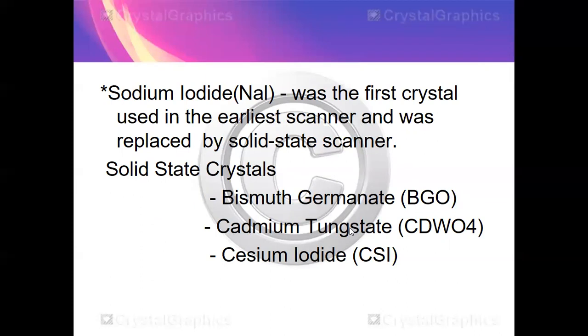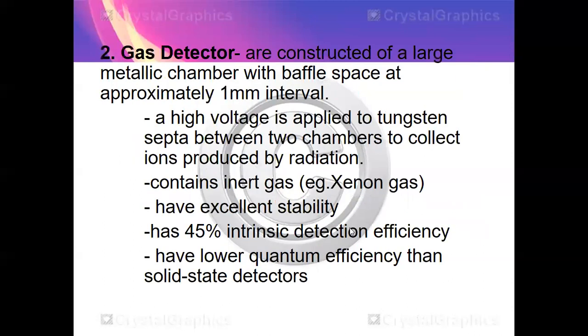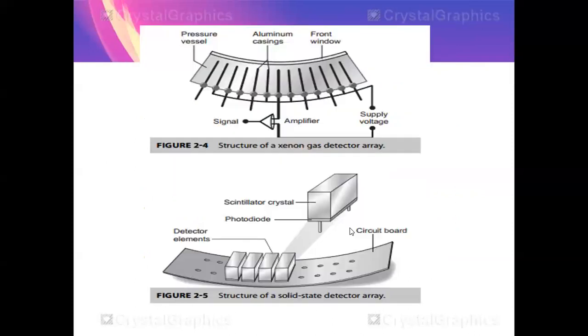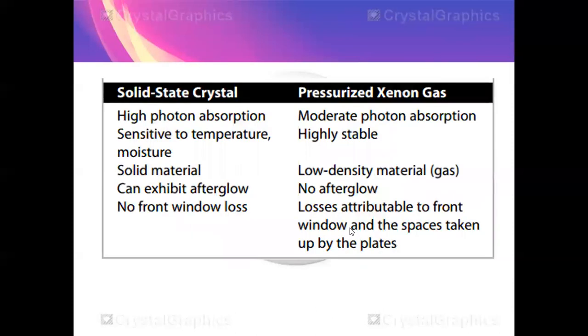Later it was replaced by bismuth germanate, cadmium tungstate, and cesium iodide. So pinaka-common again is cadmium tungstate. The second one is the gas detector. So hindi siya common sa CT scan. It uses xenon gas. So these are the comparison between the solid state crystals, yung ating cadmium tungstate, and the xenon gas.